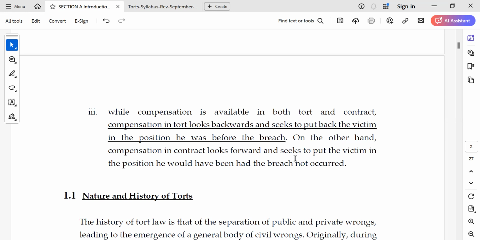So peace is to be maintained. It's not about giving them a boost and putting them where they were supposed to be. They look backwards and seek to put the victim in the position that he was in before the breach. Is this clear?